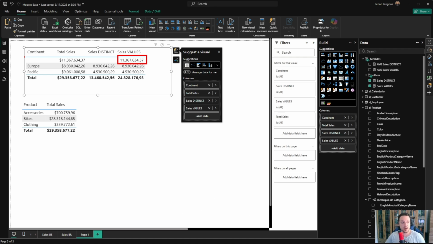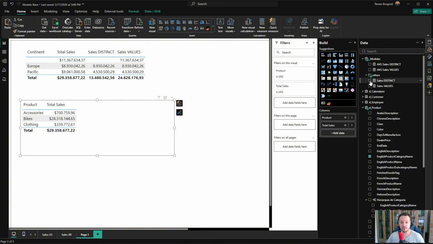It will group together Canada and United States, and the total sales will be 24 million. The correct value, because here we just wanted 50% less in Pacific. The rest should have the same values. Okay, so for 99% of the time, you will want to show and use values.